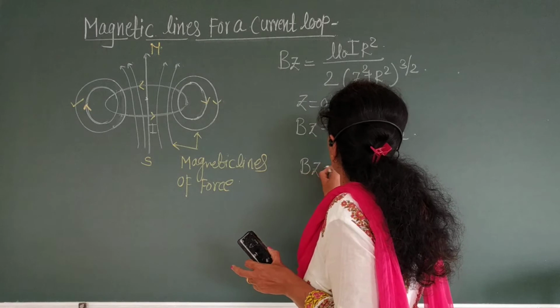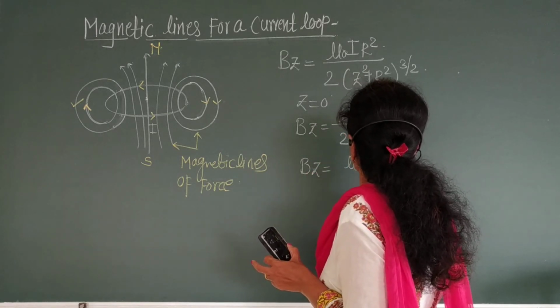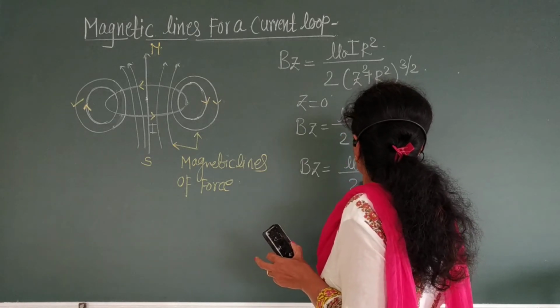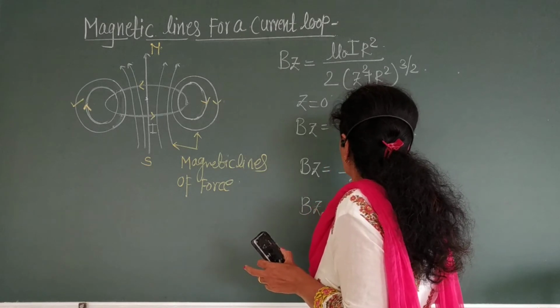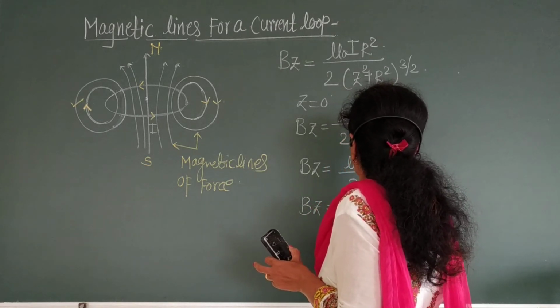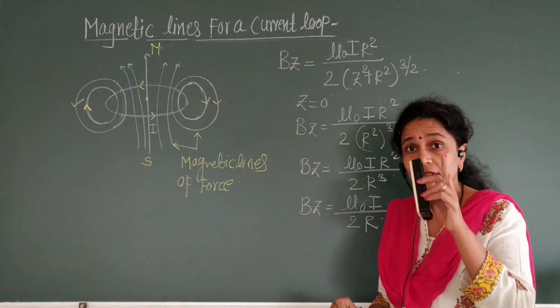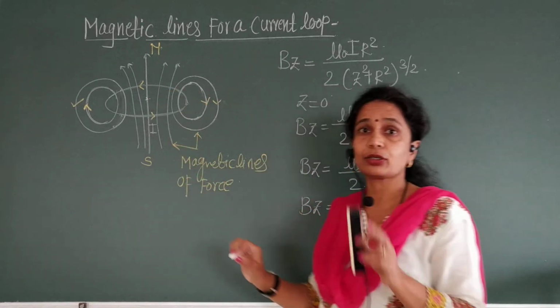So Bz is equal to mu 0 I r square upon 2 r cube, and the r square cancels. Therefore Bz is equal to mu 0 I upon twice r. This is the value of the magnetic field at the center of the coil.